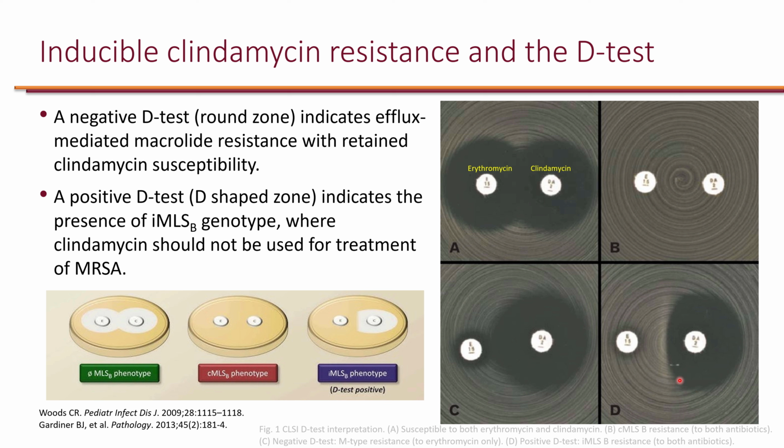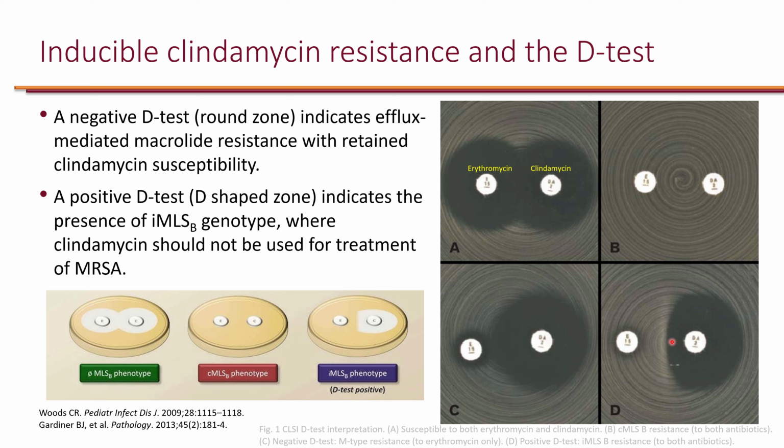So instead of having a complete circular shape, Staphylococcus aureus was actually resistant in the area over here. So essentially the Staph aureus that was over here got induced, and it's actually resistant to clindamycin, whereas on the other side, you don't really have erythromycin over here, so it did not induce resistance to clindamycin, so you have a zone of inhibition. So what that means is that you have a D shape.